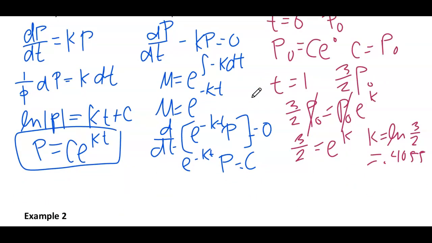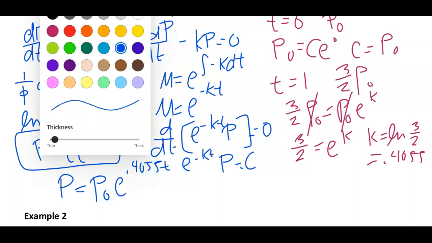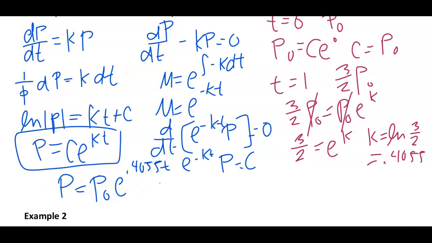All right, so what does that mean? That means that my equation for P must be whatever P naught is, e to the 0.4055t. And then I want to know when the bacteria will triple, right? That's what the question wants. So let's solve this in a different color. 3 P naught, so that the initial would triple.